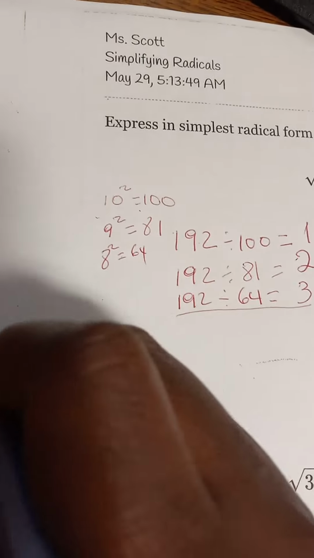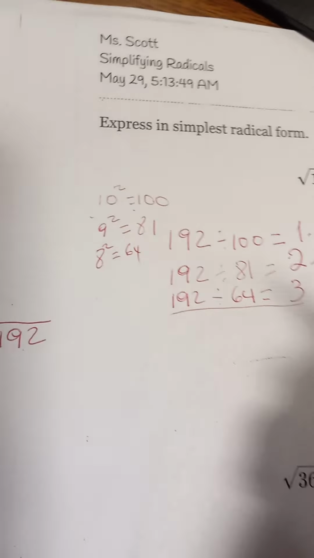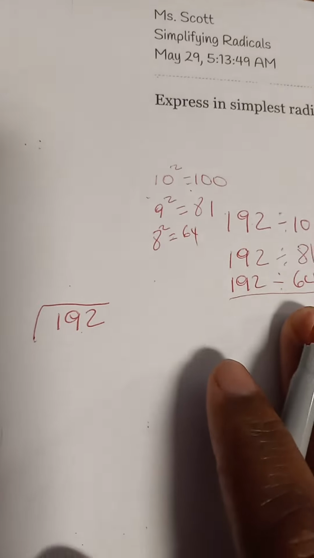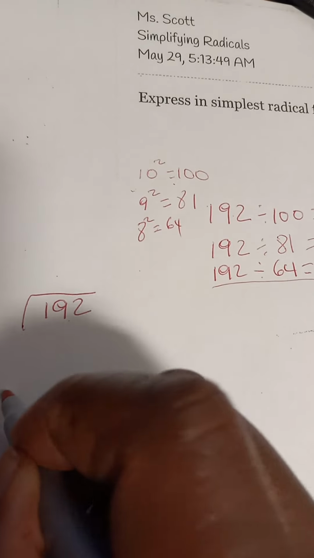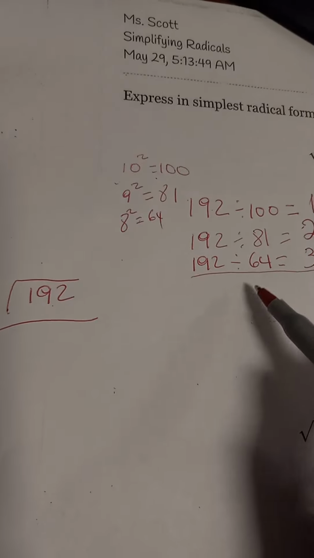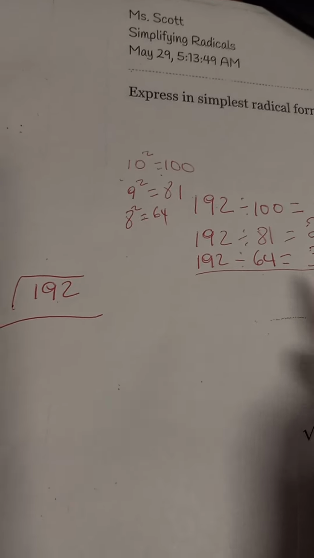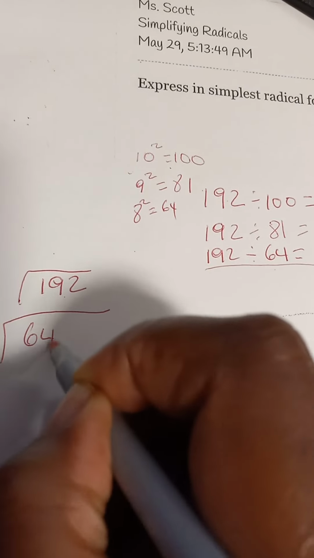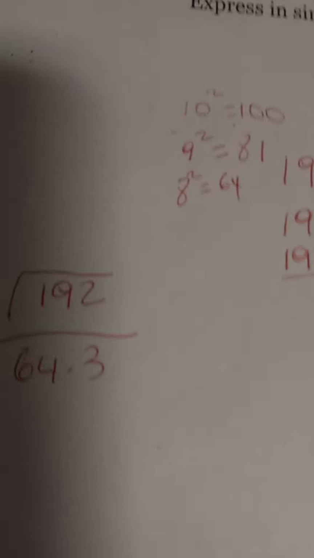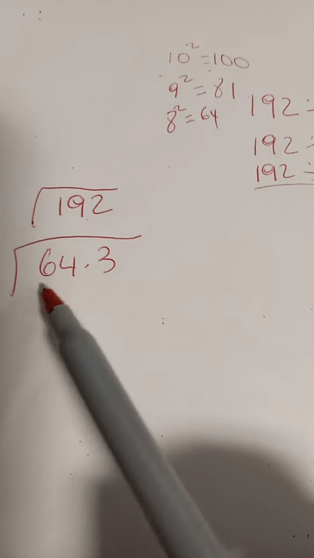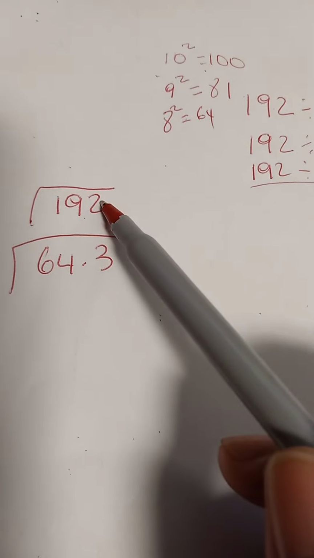So we have radical 192. Then we could factor two numbers under the radical. We know that those two factors are 64 and 3. So we have 64 multiplied by 3. We are not going to multiply these together because if we do, we're going to get back 192.